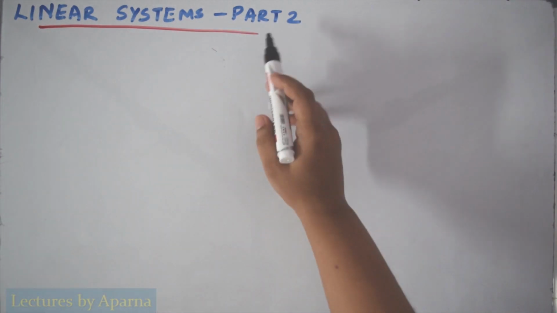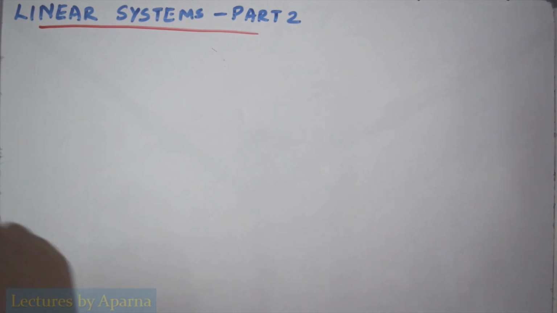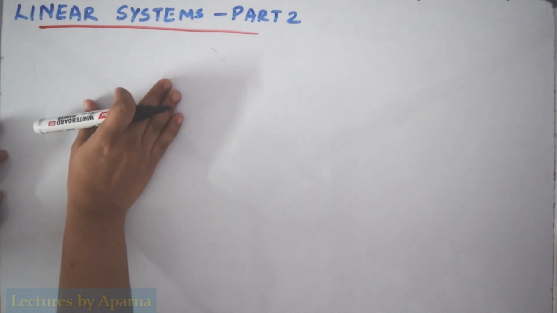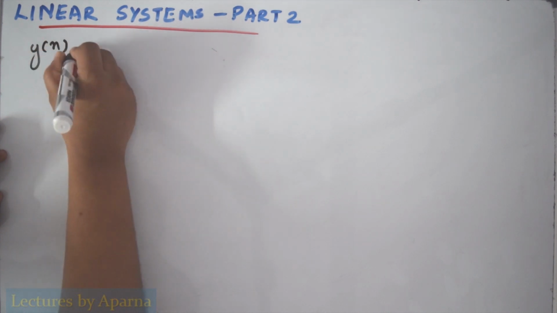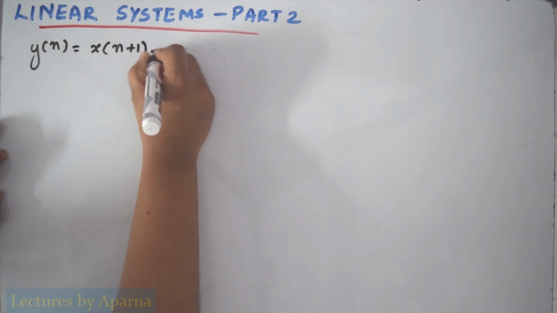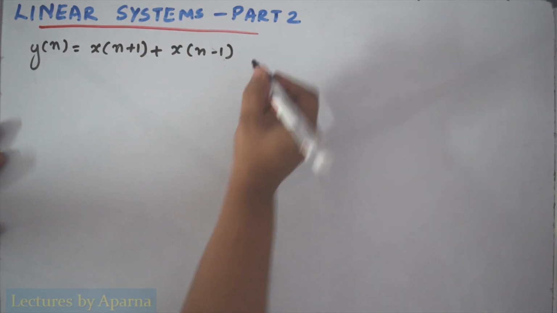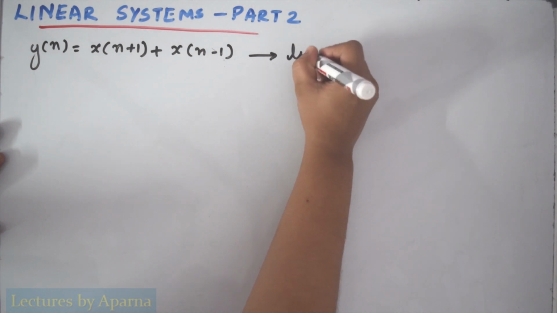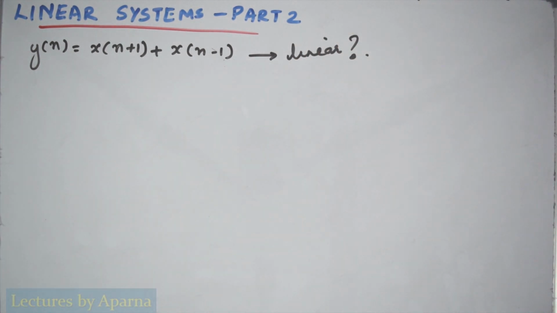This is part 2 video of linear systems. So today we will discuss how to check the linearity of a system. I am having a system with output equation y of n is equal to x of n plus 1 plus x of n minus 1. I have to check if this system is linear or not. So how will I do it?